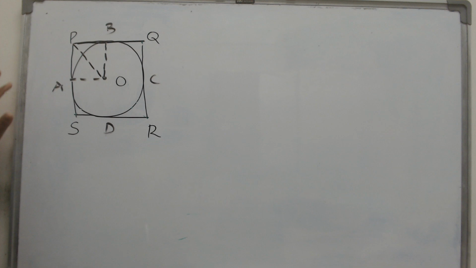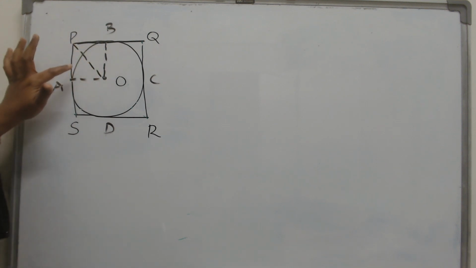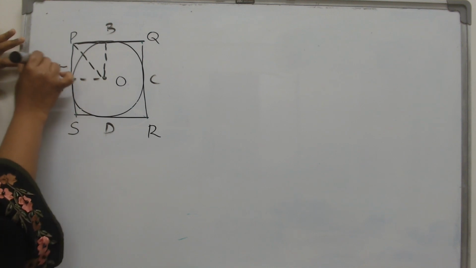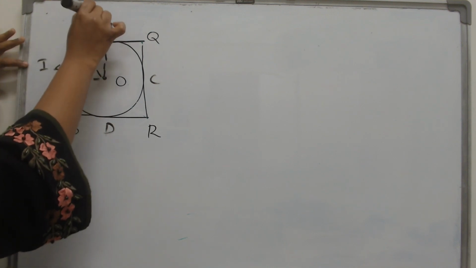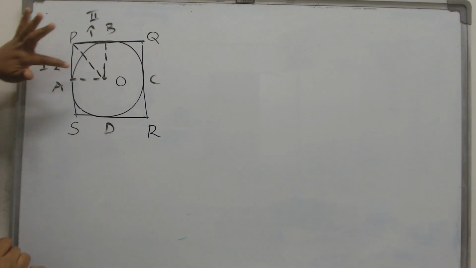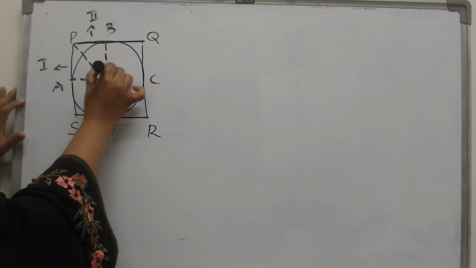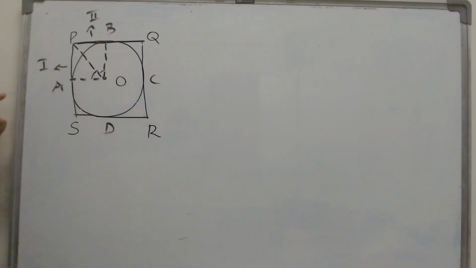What is the purpose? To prove that we have two equal angles here, an angle here and an angle here, to prove that those two are same.